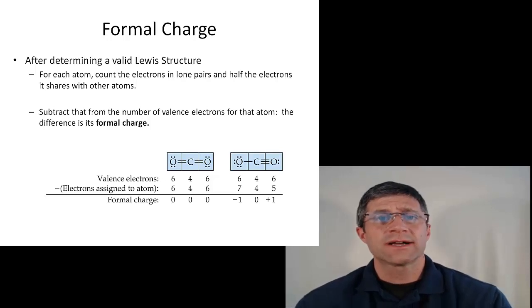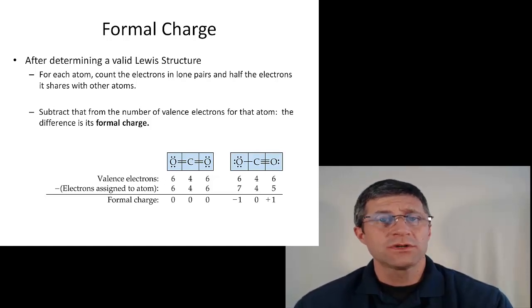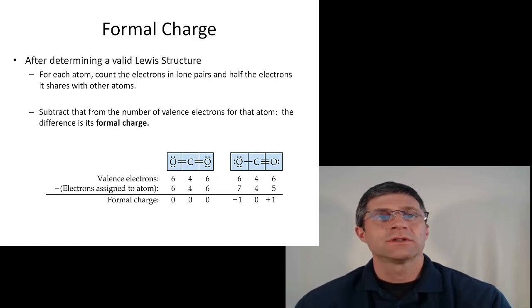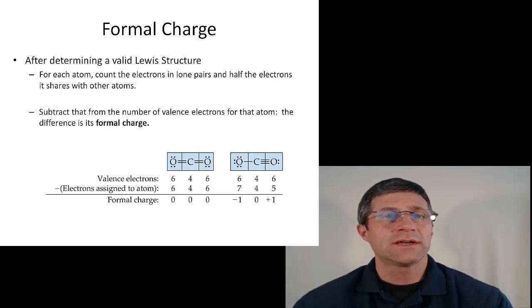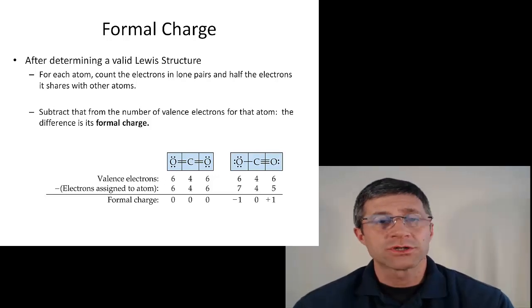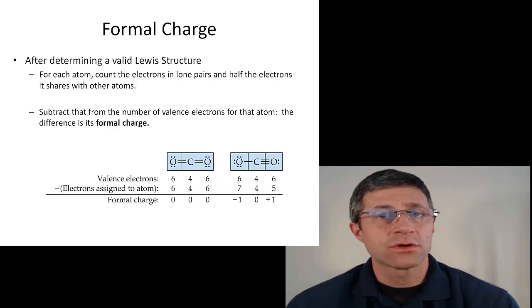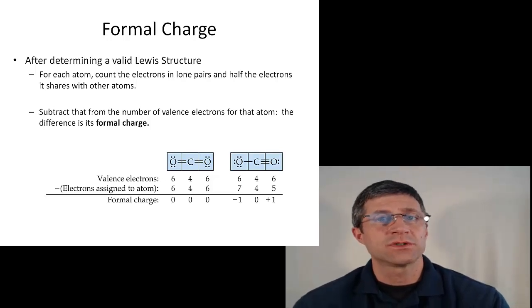So this oxygen is going to have 2 electrons coming from those 2 double bonds. Altogether, I'm going to have 6 electrons that are likely to be hanging out around this oxygen, and usually it has 6 valence electrons. The difference is going to be my formal charge. So the formal charge on oxygen in this case is going to be 0. Formal charge on carbon is going to be 0. My formal charge on oxygen on the other side is going to be 0.